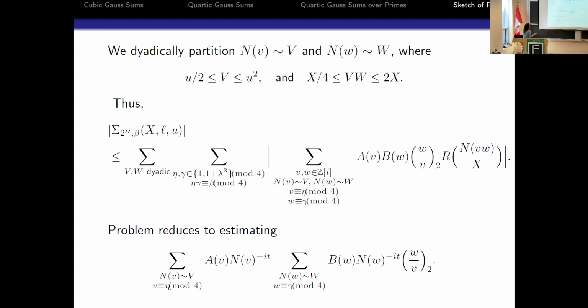if we look at this sum right here, and use Mellin inversion of the smooth function R, then estimating this inner sum reduces to estimating a sum of this form right here.